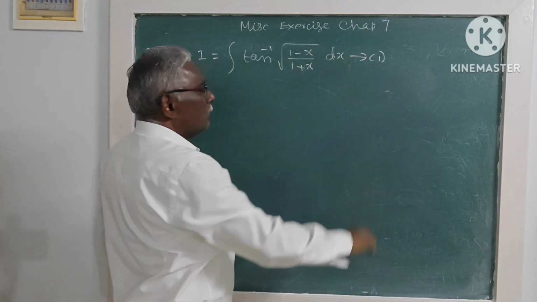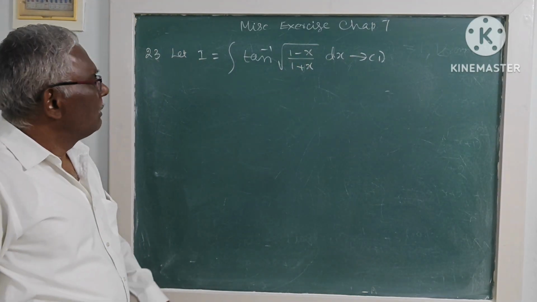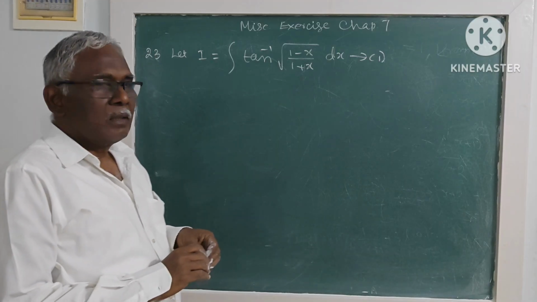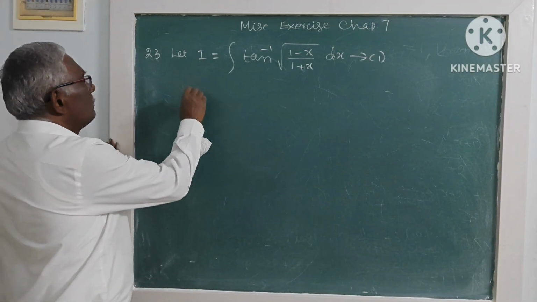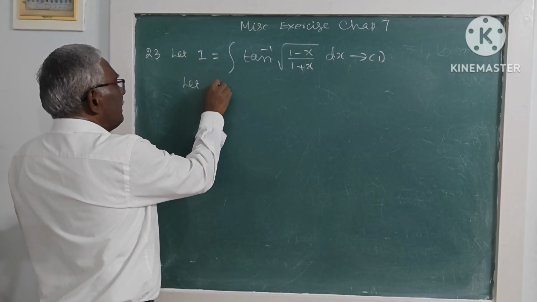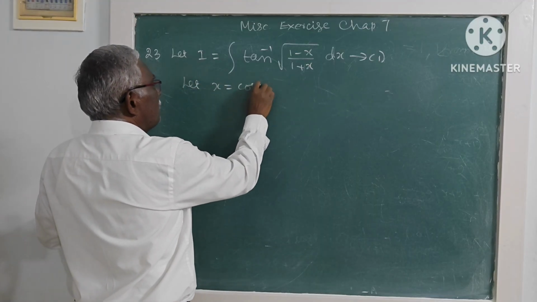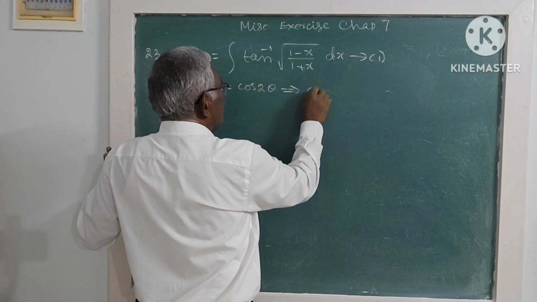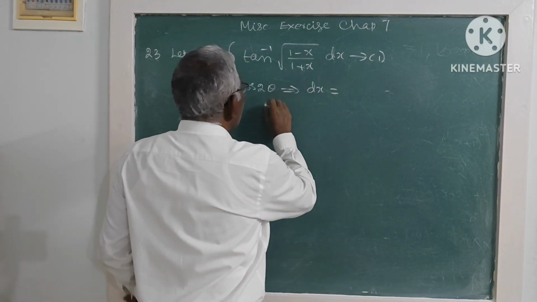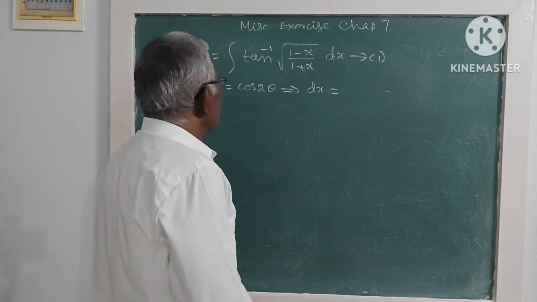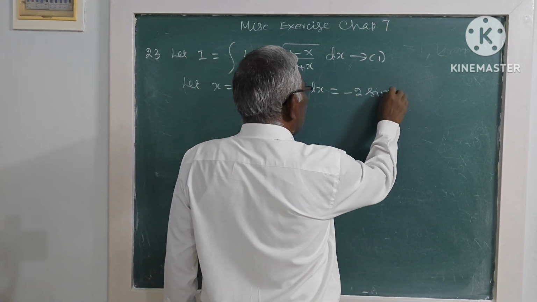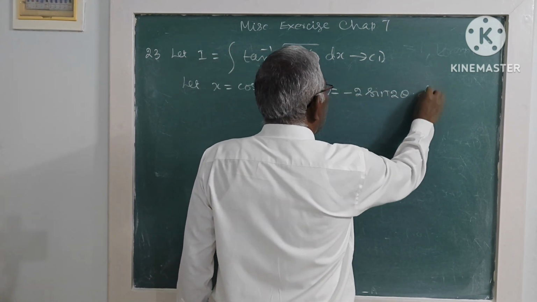When 1 plus x, 1 minus x is there under square root, we can substitute cos 2 theta for x. So let x is equal to cos 2 theta. So this gives dx is equal to minus 2 sin 2 theta d theta.